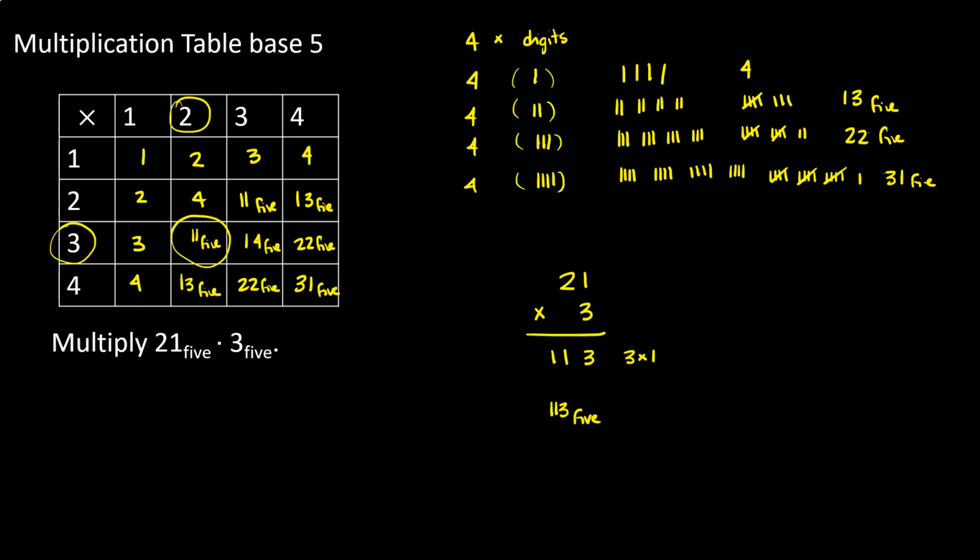Let's try using the expanded algorithm with partial products. The 3 times 1 would still be written as a 3, but then 3 times 2, that's actually 3 times 2 groups of 5.